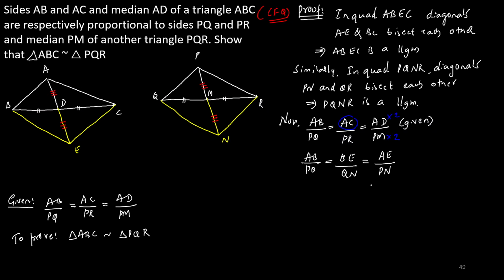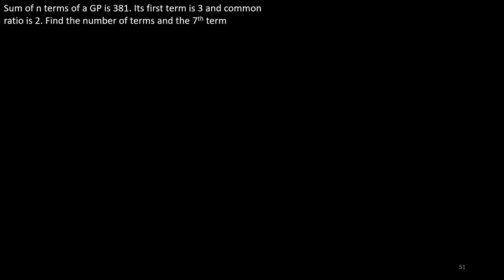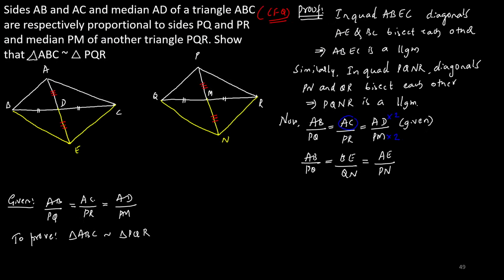So now look at this very carefully. In the quadrilateral, which quadrilateral? Need to understand, children. In the quadrilateral ABEC and PQNR, both of them are parallelograms.